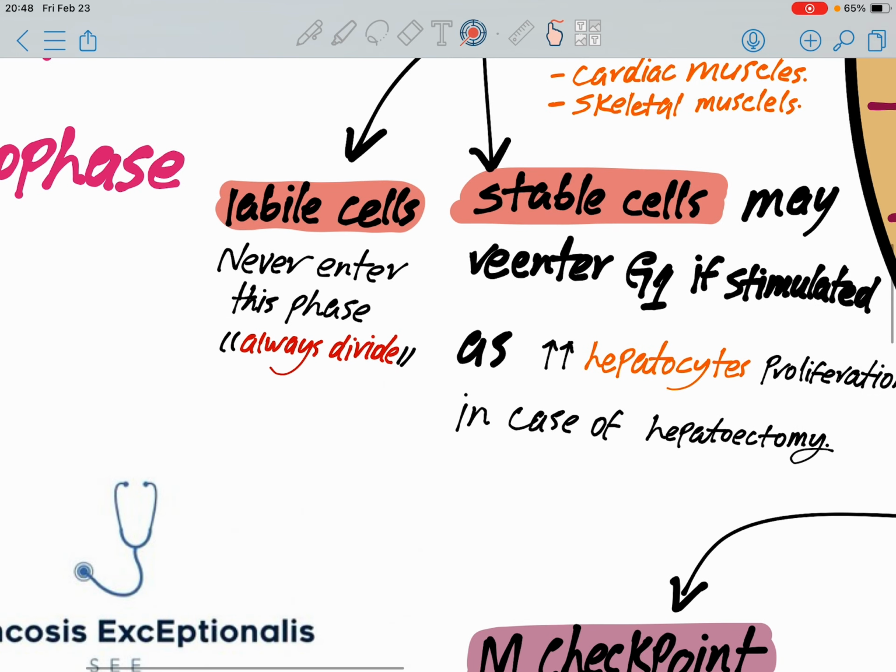The labile cells are those cells which actively, continuously divide and they never enter the growth 0 phase. Why? Because they always divide and they're sensitive to chemotherapy and some antibiotics.